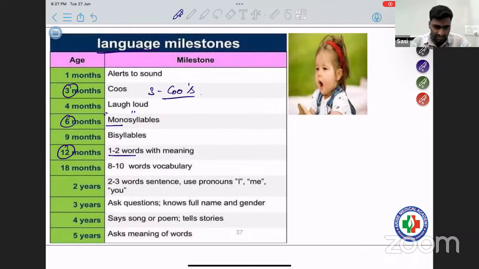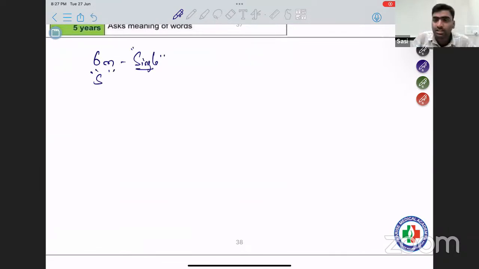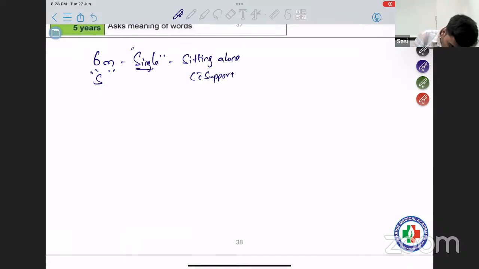For example, in the case of 6 months, just remember S for single. If you're single, you'll always be sitting alone, so it sits alone or sits with support. And if you're single, you have no one to talk to except your mother and father, so you'll call them ma, pa.